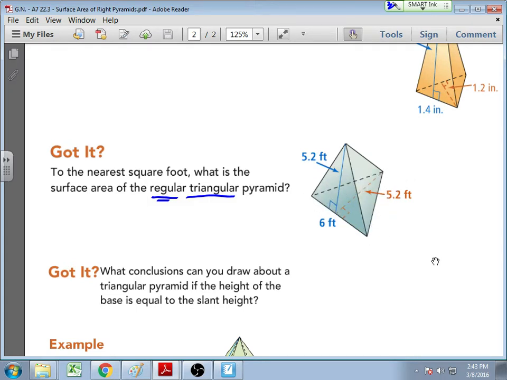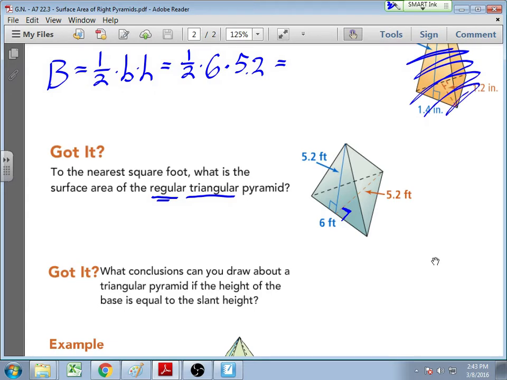So again, I'm going to start with my big B just because it's easy. So we know that big B is 1/2 little b times little h. My little b, the base of the triangle, is 6. And the height of the triangle, again, paying attention to what's perpendicular, is 5.2. I can do half of 6.